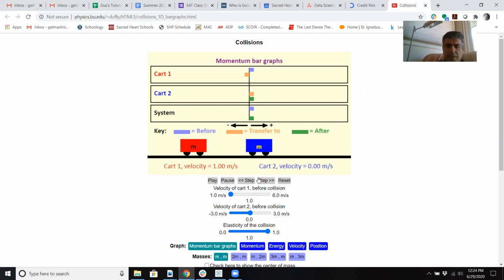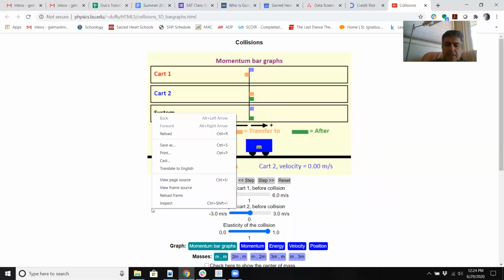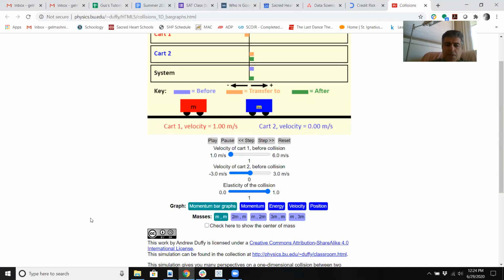Cart 2 is nothing, so cart 2 is obviously at rest. And you could totally play with that a little bit. For this one, you can obviously play with that too, but we'll keep it motionless. The elasticity, you could change that. You know, that's completely inelastic. That's somewhat inelastic. That's totally elastic. The masses we could change.